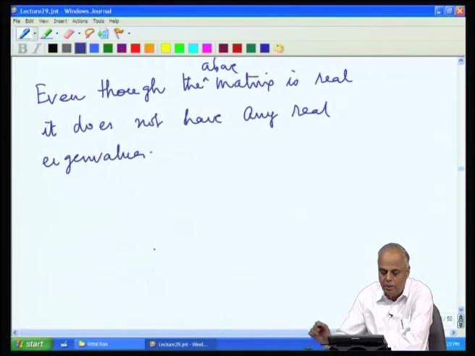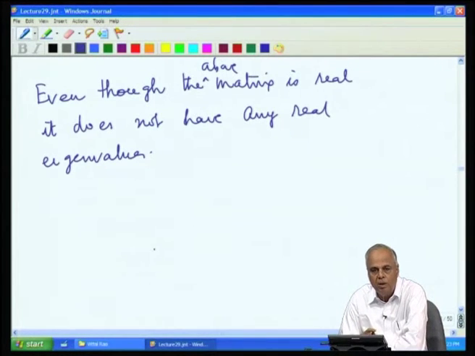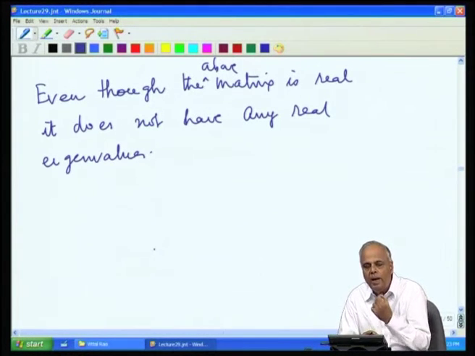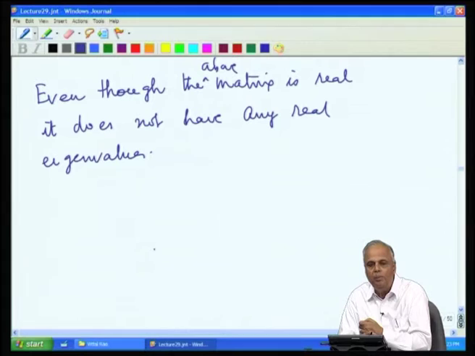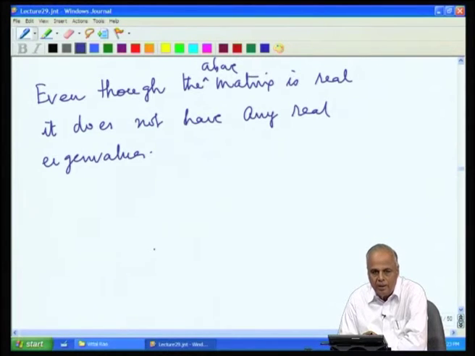Why did this happen? This happens because we are looking for the eigenvalues as the roots of the characteristic polynomial. The characteristic polynomial is a polynomial of degree n with real coefficients, but in general a polynomial of degree n with real coefficients may not have real roots, and if it has roots, all of them may not be real.